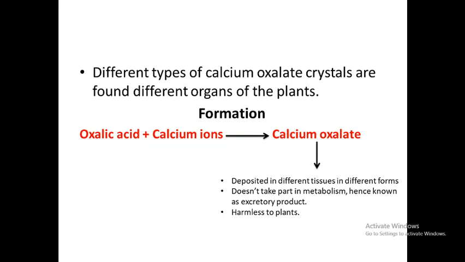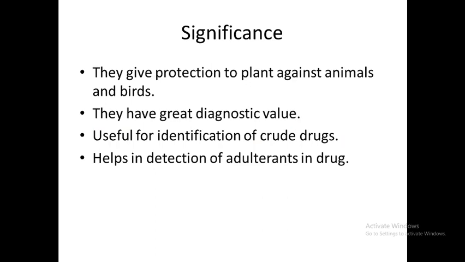And the most important point here, these calcium oxalate crystals don't take part in the metabolism, and hence these are also known as excretory products, and these are harmless to the plant. Most important thing, these calcium oxalate crystals give protection to the plants against animals as well as birds.